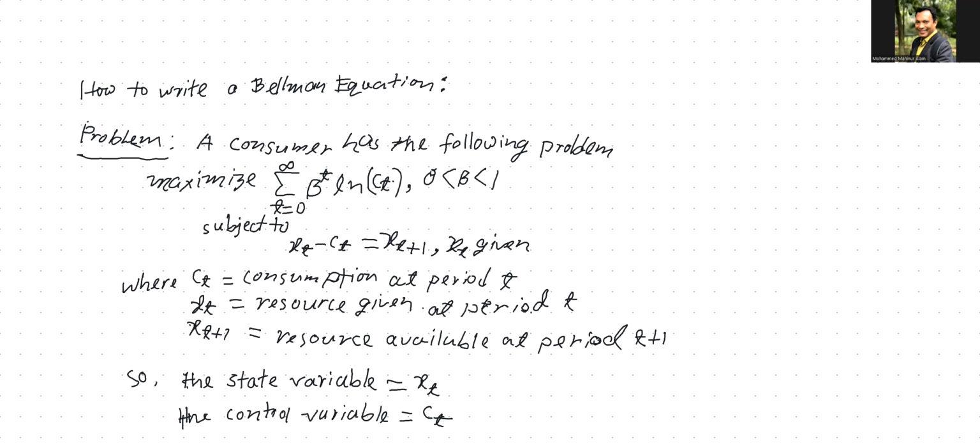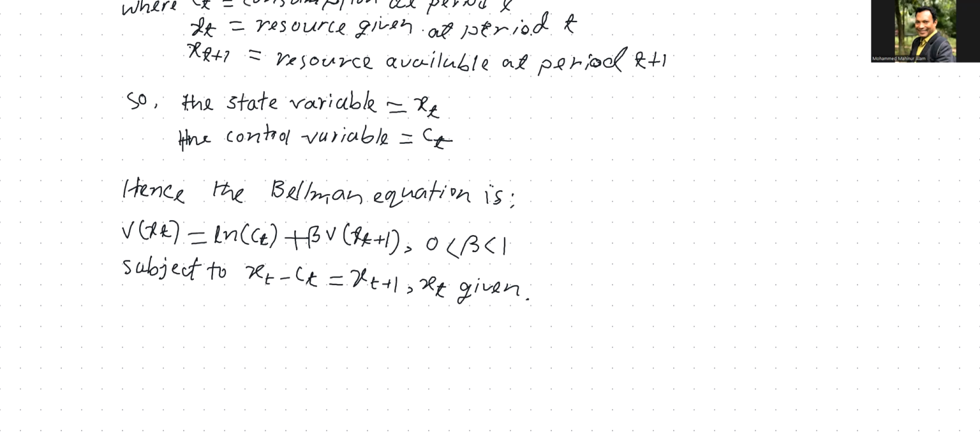It is called recursive because, for example, the value function of today depends on the value function of tomorrow. So it calls itself, the value function calls itself. That's why it is called a recursive function. The Bellman equation is a recursive function.